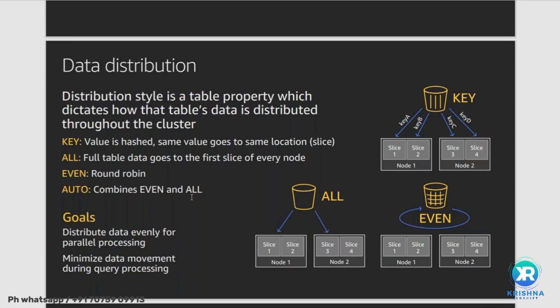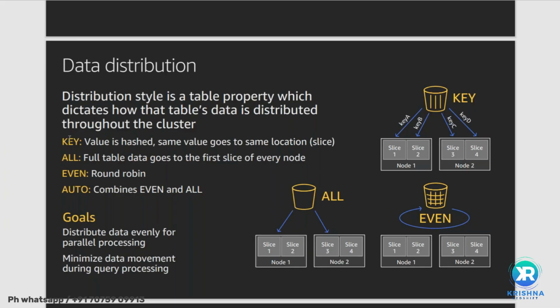So now, how should the data be distributed in such a way that joins are helped? If the distribution styles are not helping efficient joins, it's of no use. In fact, we should design the distribution styles in such a way that they help the joins.